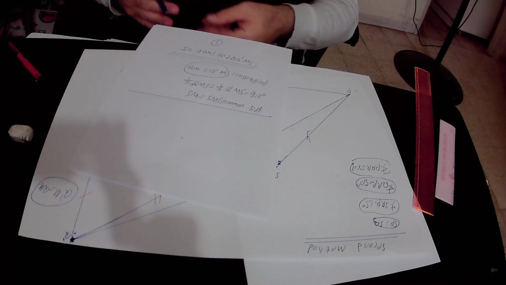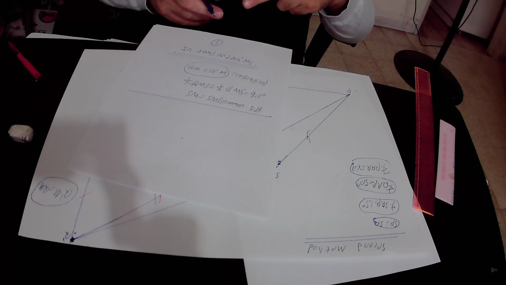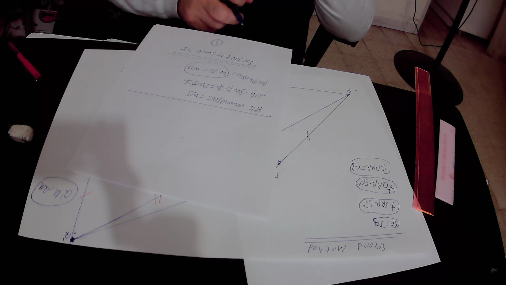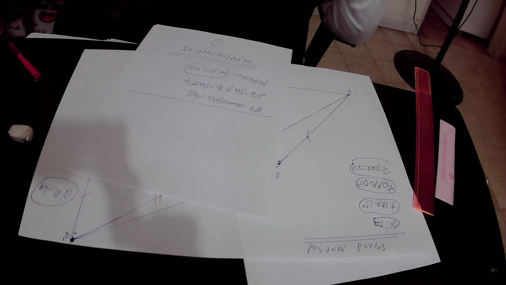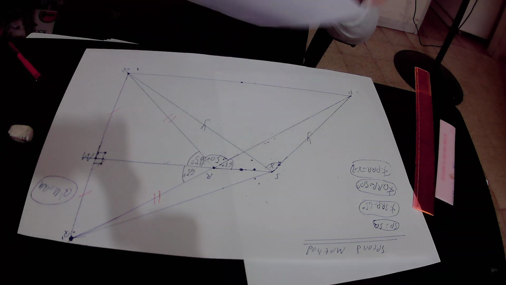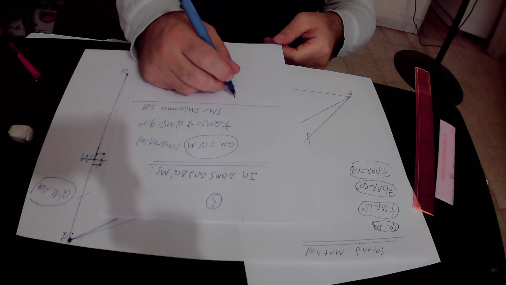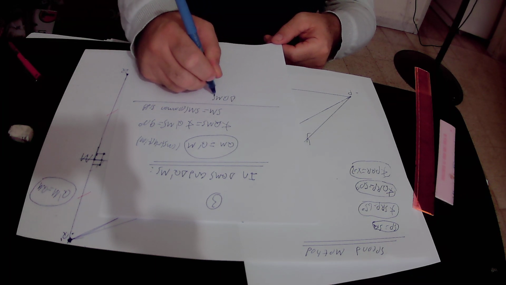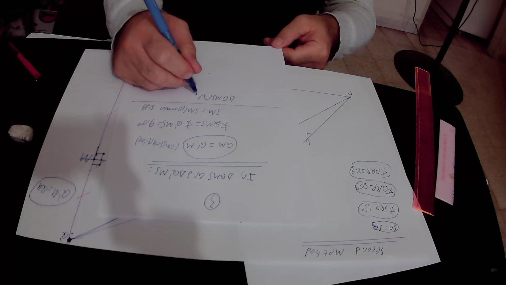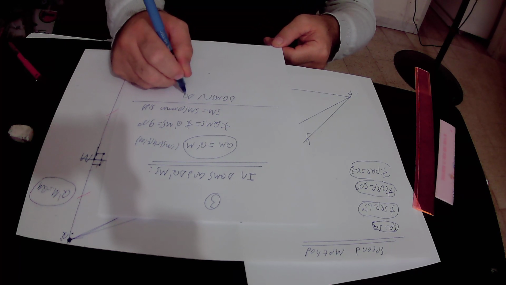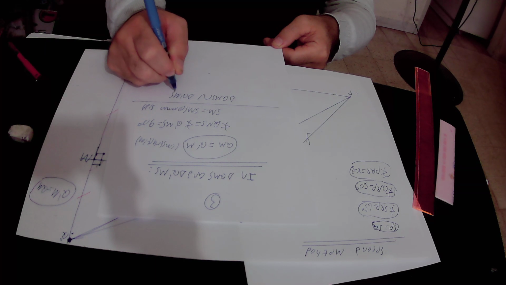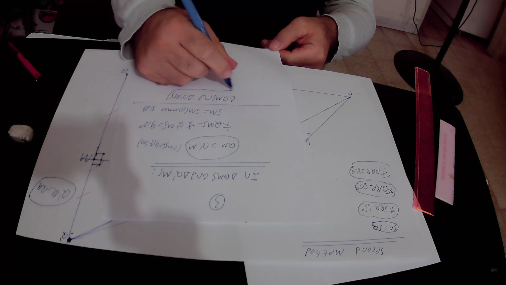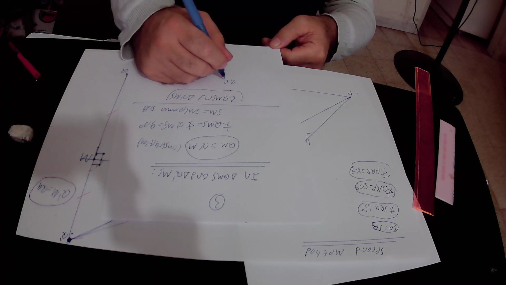So we proved that the right big triangle QMS is congruent to the right big triangle Q dash MS according to the side angle side rule. I write it down. Triangle QMS is congruent to the right big triangle Q dash MS according to the side angle side rule.